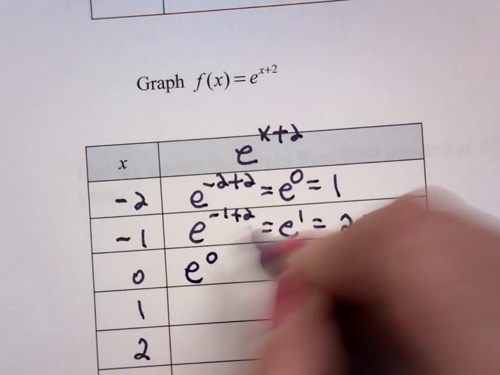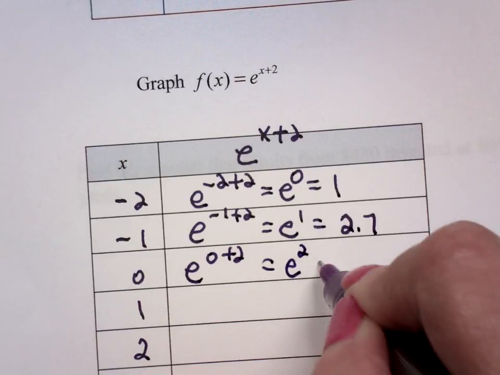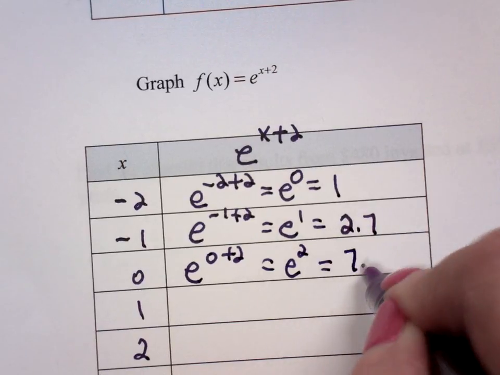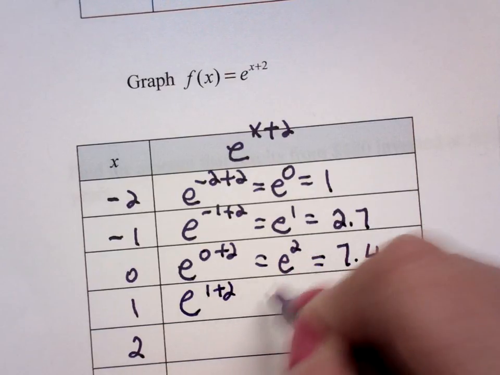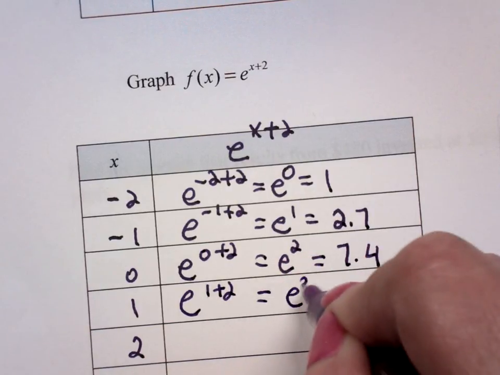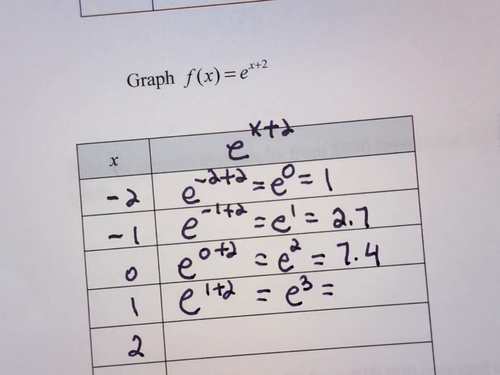E to the 0 plus 2, which is e to the 2, and I calculated that before, it's 7.4. E to the 1 plus 2 is e to the 3, and I'm going to have to calculate that, so second e to the 3 is about 20.